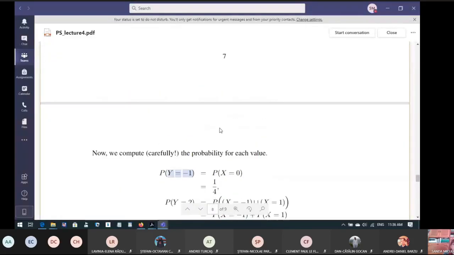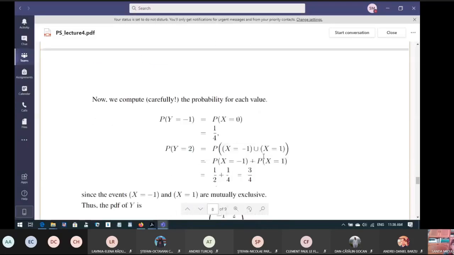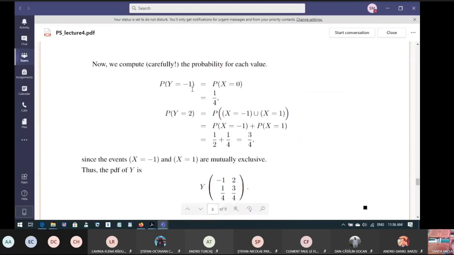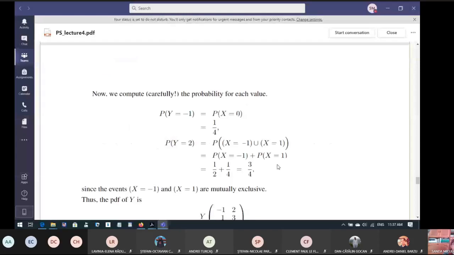So for y to be equal to -1, the only way that can happen is when x is equal to 0, right? So the probability that y is -1 is the same as the probability of x being equal to 0. That's the PDF, right? Probability corresponding to the value 0, so that's 1/4.